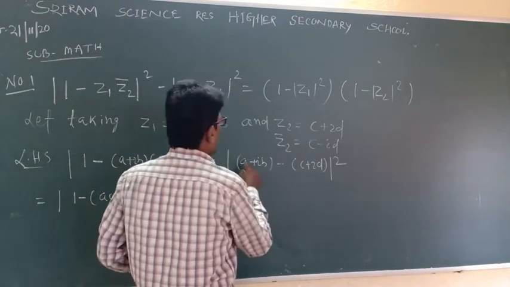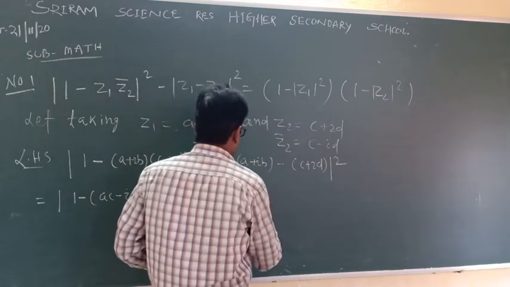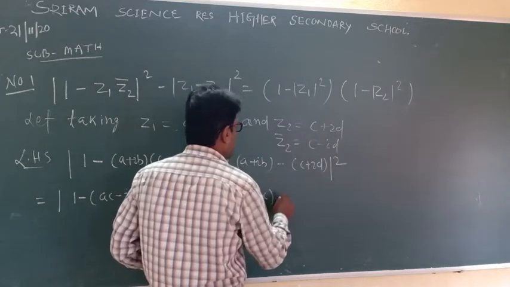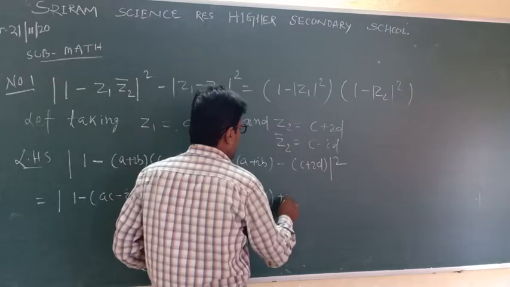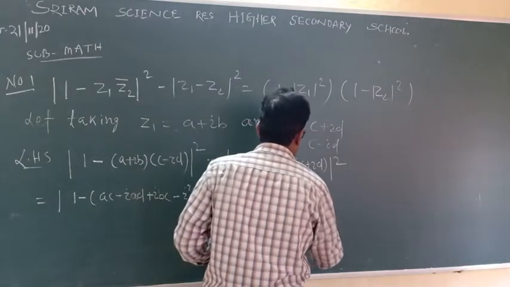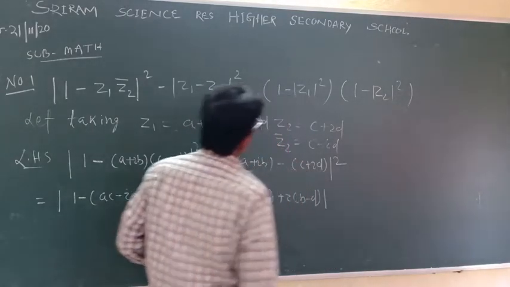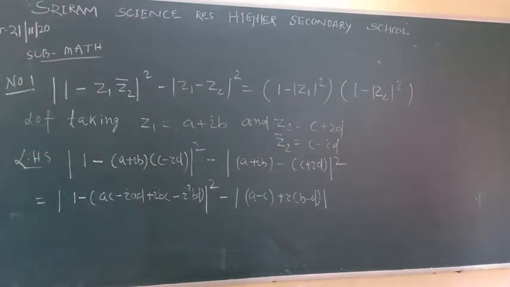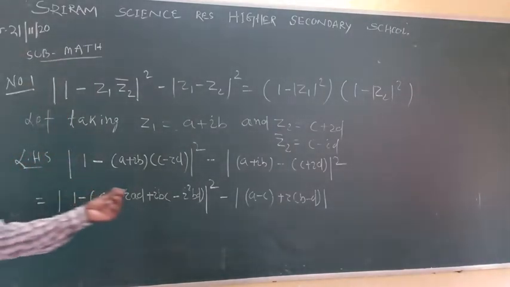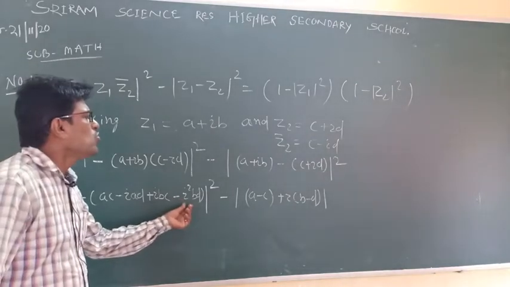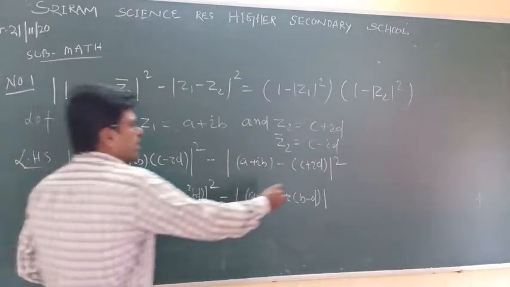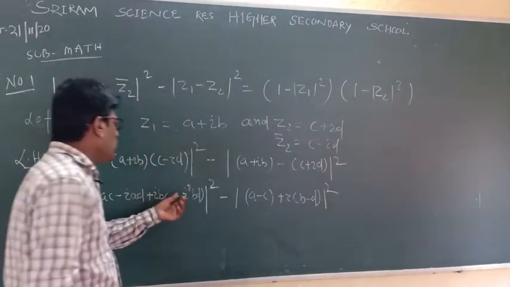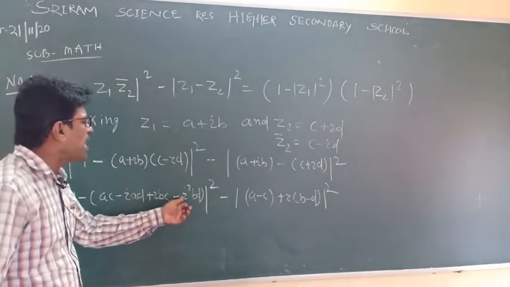Here simply real part with real part, A minus of C, taking I common, that is B minus of D. Just look at the value. You know the value of I square. I square value is equal to minus 1.